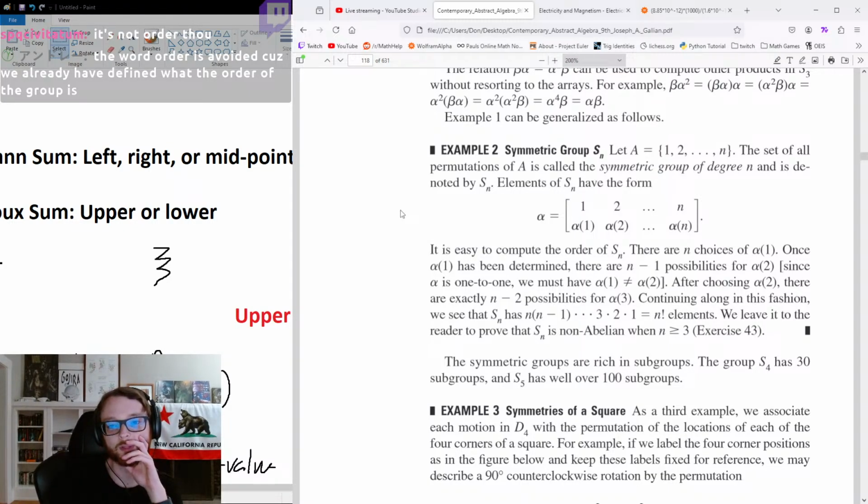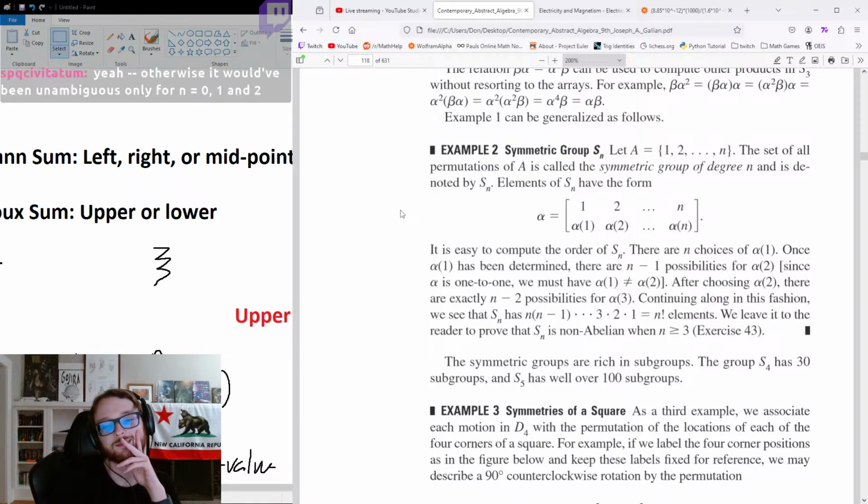That's an important bit. Oh, the order is n factorial. Okay. That's going to be confusing, that we use n for both order and, I guess, degree, but okay.